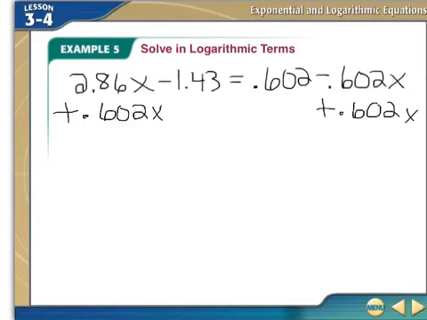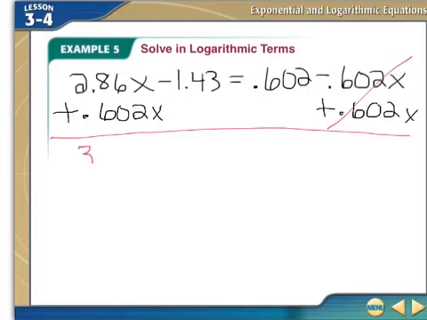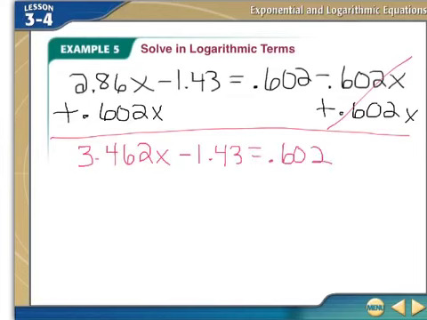On the right side, the 0.602x's cancel. If I add 2.86 and 0.602, I get 3.462x minus 1.43, which is equal to 0.602.